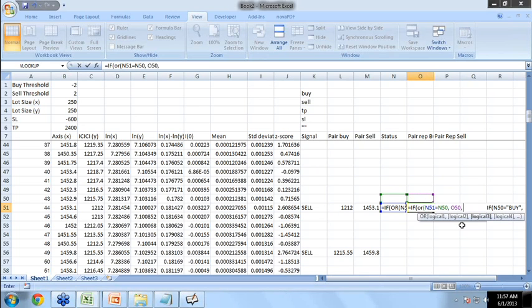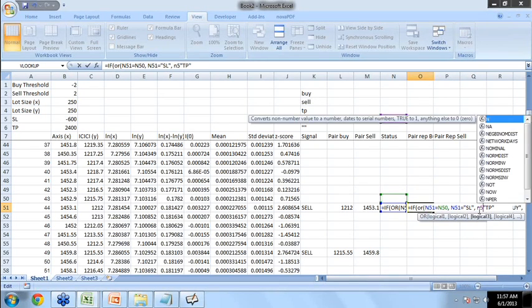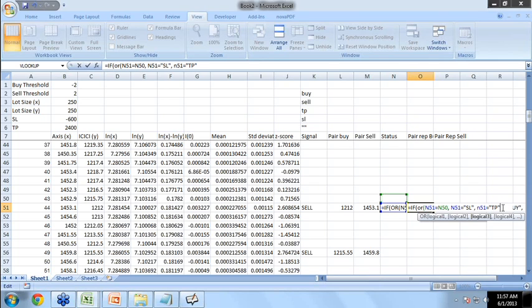And also in case the status is equal to SL, stop loss or take profit, in that case also I would just like to repeat the previous value, because if it's a stop loss or take profit which hasn't hit, that means there was a buy or sell price which was there.